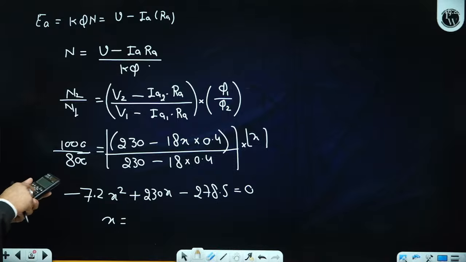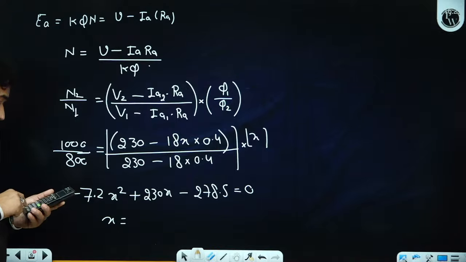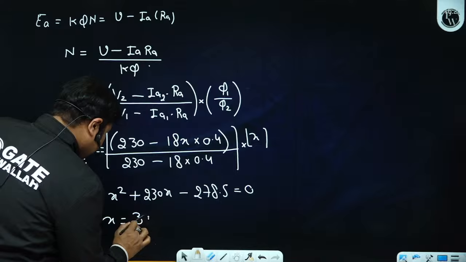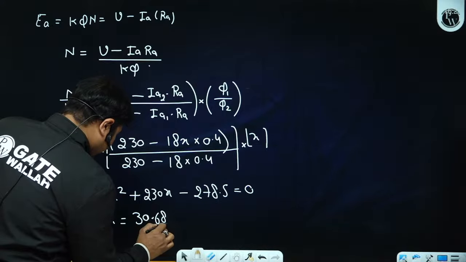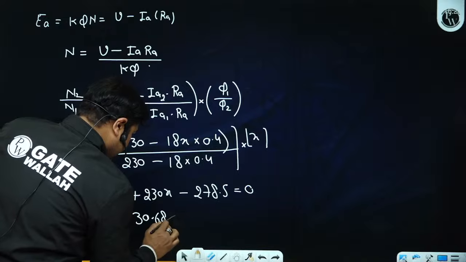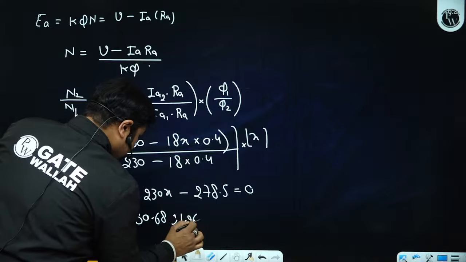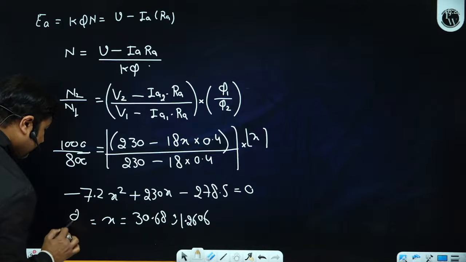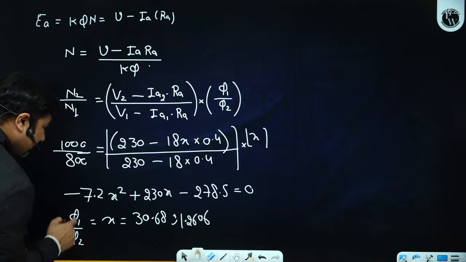So x will become minus of 7.2, 230, minus of 278.5. So we have two values of x. One is 30.8, another one is 1.2606.